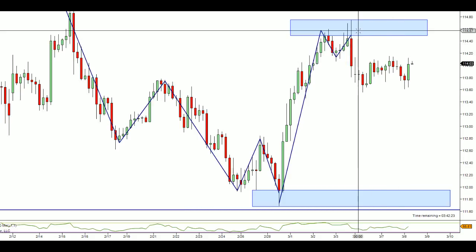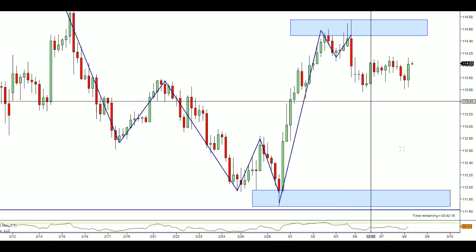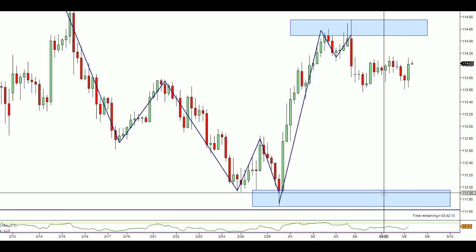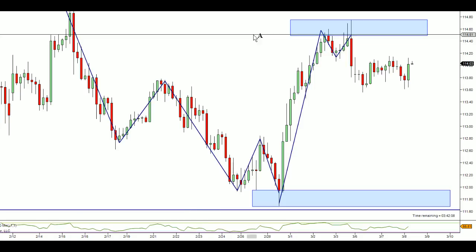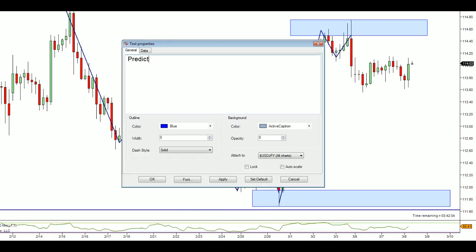So we could do one of two things. We could rally up to retest these areas up in here, or we could fall and retest these lows down in here. So we've predicted where price is likely to go next.